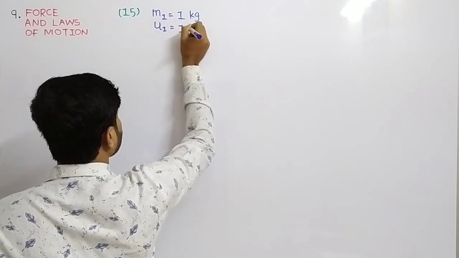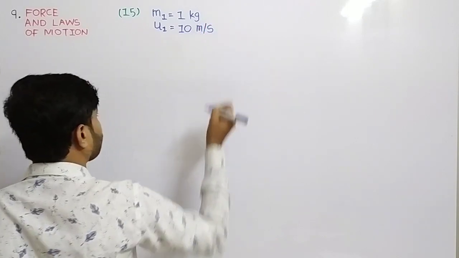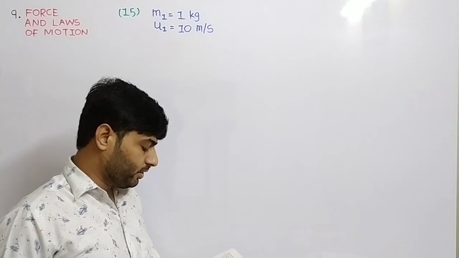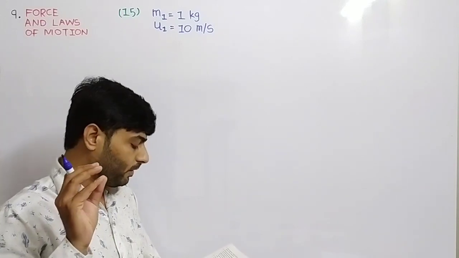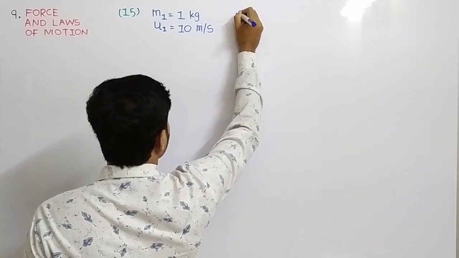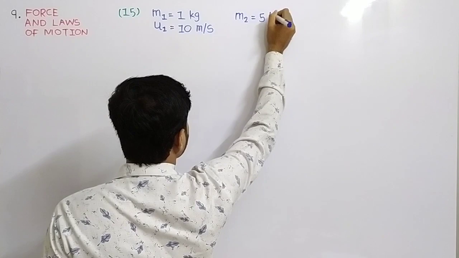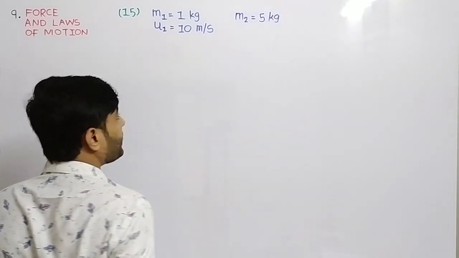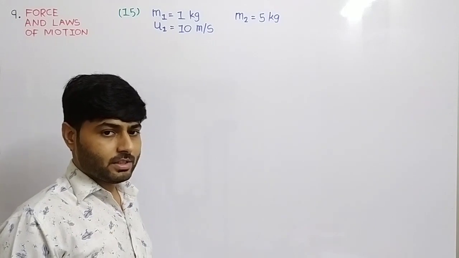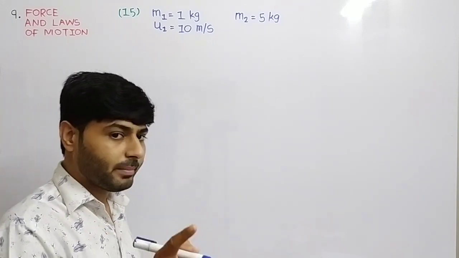It sticks to a stationary wooden block of 5 kg, so m2 is 5 kg. The wooden block is stationary, which means the initial velocity of the wooden block will be 0 meter per second.